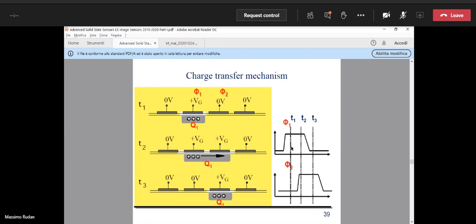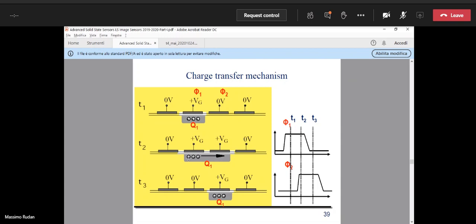Now, as time evolves, we increase the value of the voltage of phase 2 while keeping phase 1 high. So at time T2, that corresponds to the mid part of the yellow region here, both phase 1 and 2 are kept high. So we open up a depleted region under the position on the right with respect to the original one.